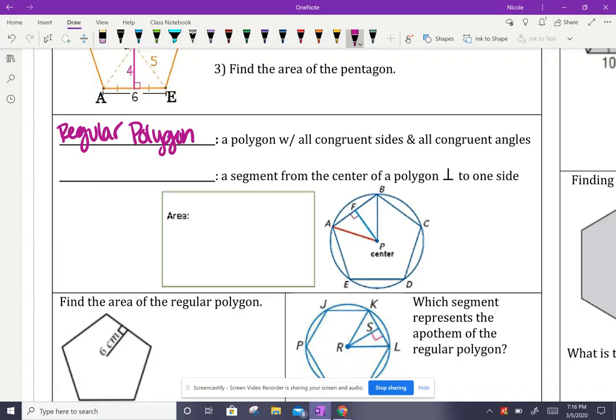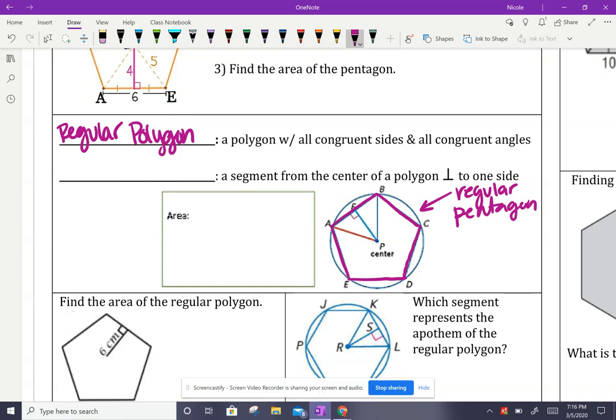So here we have a 1, 2, 3, 4, 5-sided shape. So it's a pentagon. It's a regular pentagon. And it's inscribed in a circle, which does not matter as long as we have that regular pentagon.